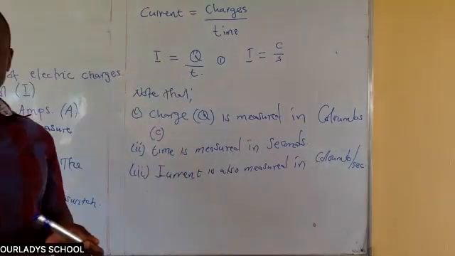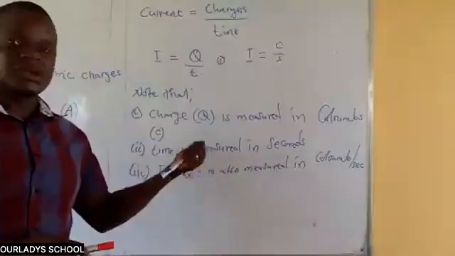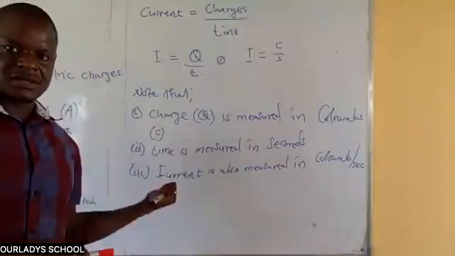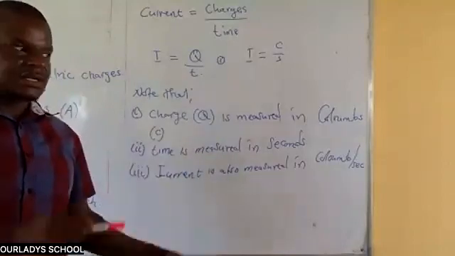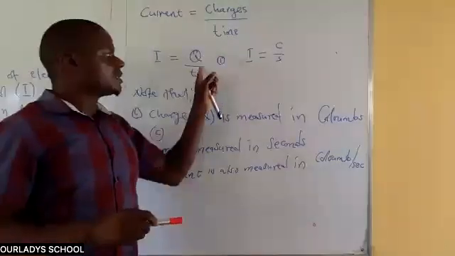That's another unit for current, coulomb per second, because the same current is charge over time.